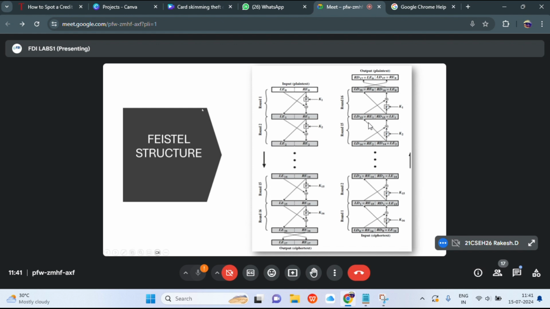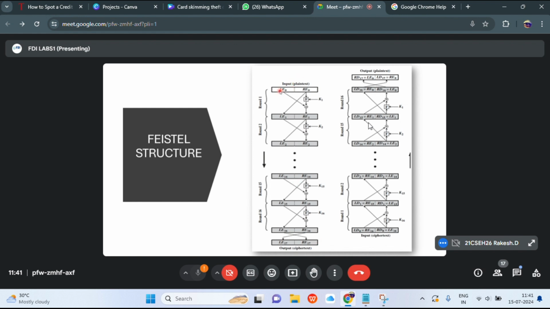The left and right sides have 32 bits each, so in total 64 bits. Whatever it takes, like 64-bit plain text, it will give 64-bit ciphertext as output. Input and output have a similar bit size.